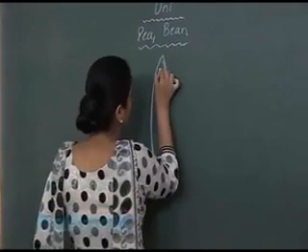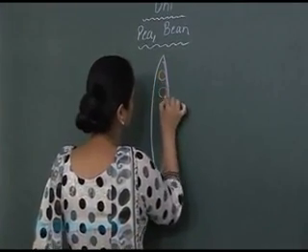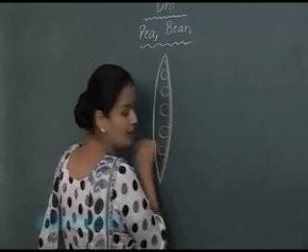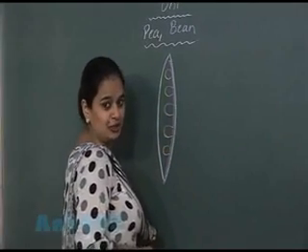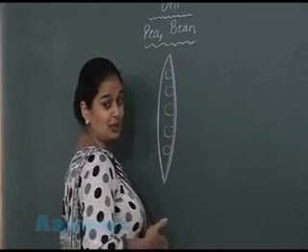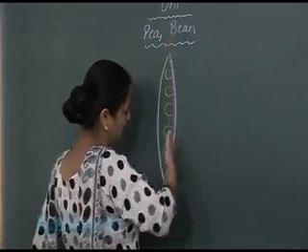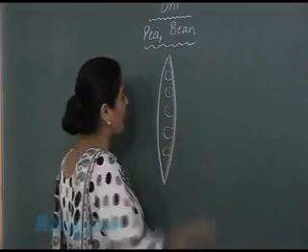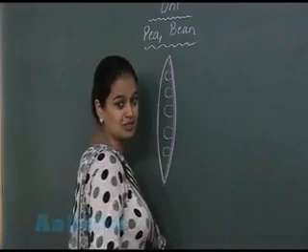Over the placenta there are ovules, which will later be converted into seeds after fertilization. You can see that the placenta is forming on the side, on the margin. That's why it is known as marginal placentation.